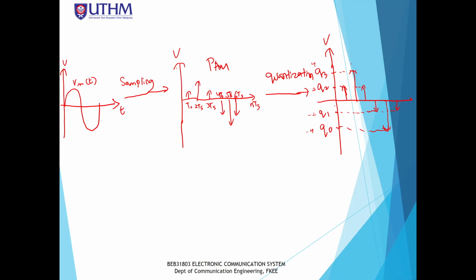Okay, rounded up adalah pembundaran. We round up, for example, a lower value to a little bit higher value, or a higher value to a little bit lower value, anywhere near the quantized level. Okay, so again, this is still Ts, 2Ts, 3Ts, the sampling time, 4Ts, 5Ts, 6Ts, and so on.